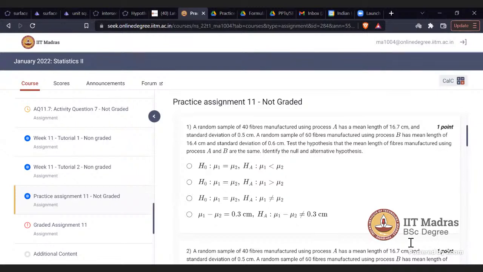So are we able to figure out that it is a two sample test? Yes, two sample test, and you have to test the mean here. So we are using the Z test.